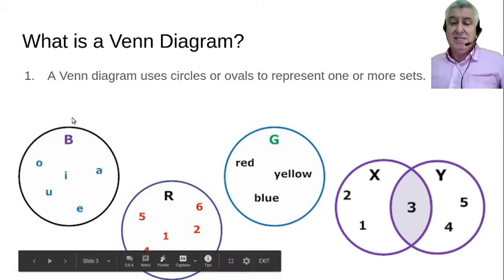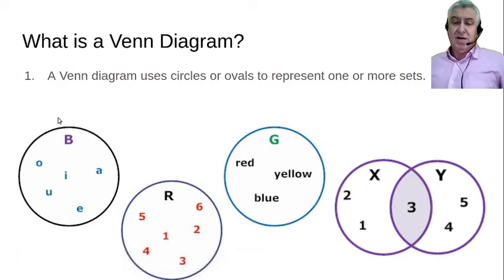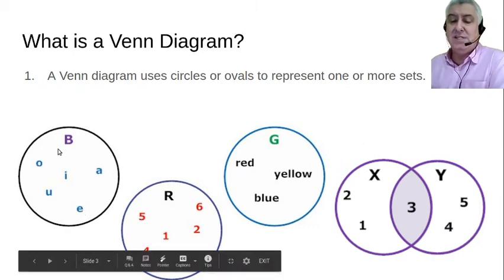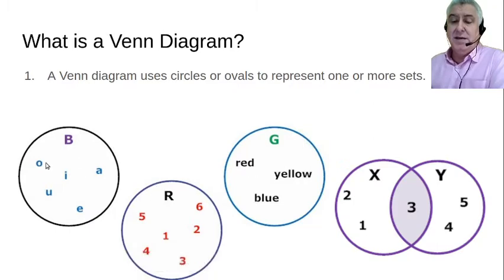In math, it's on the inside, but sometimes in some other kinds, it'll be sitting there at the top of the circle. But it's always labeled as to what it is, and then the elements that are in it. And so you can see here I've got B, which is the vowels, and R, which is the natural numbers 1 to 6, and then G, which is the primary colors.